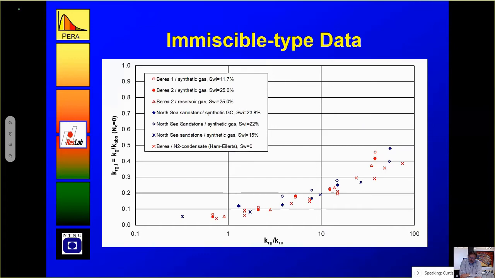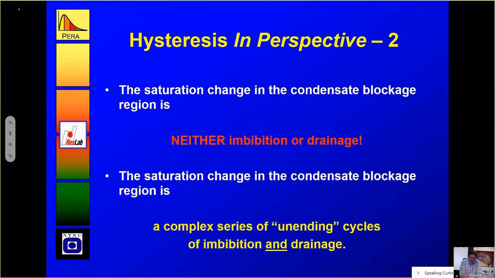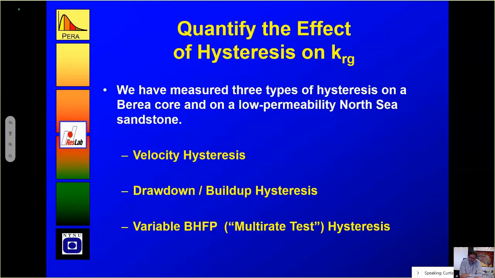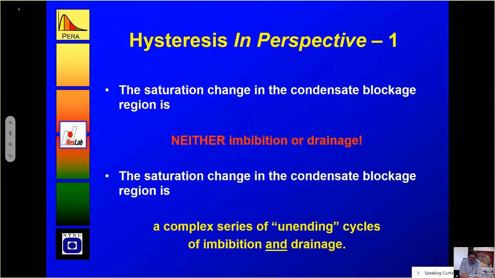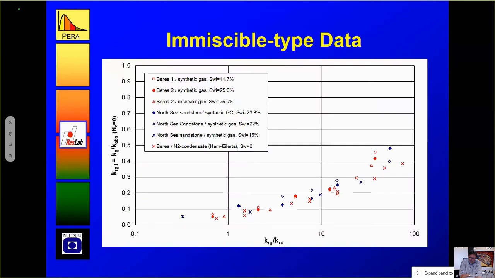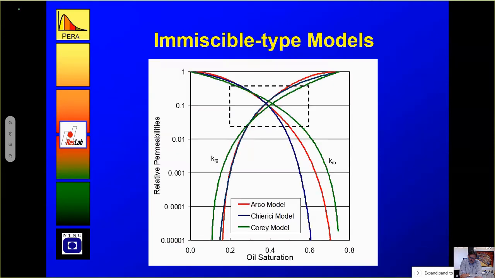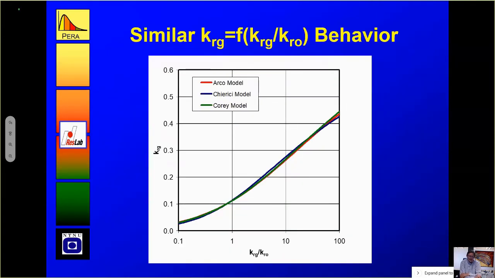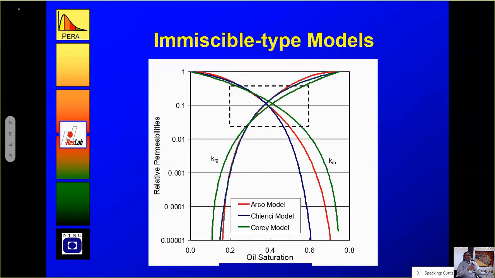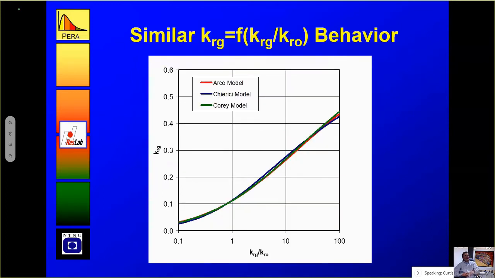No. Maybe down. Down. Yes. Here. So here, we basically created from 3 different correlations with very different KR saturation functions, but they all had the same KRG versus KRG over KRO, almost identical.